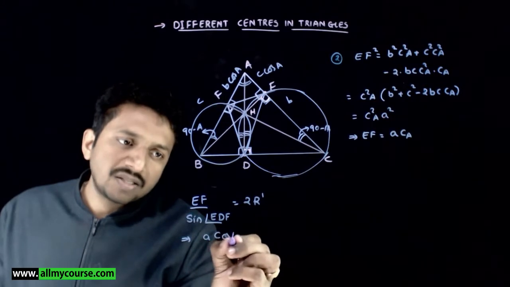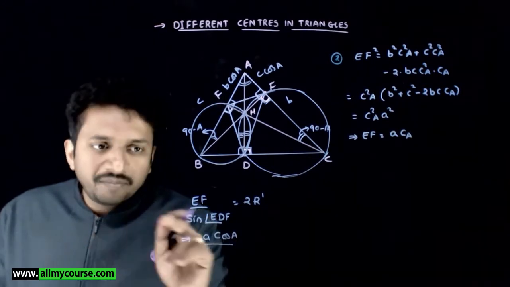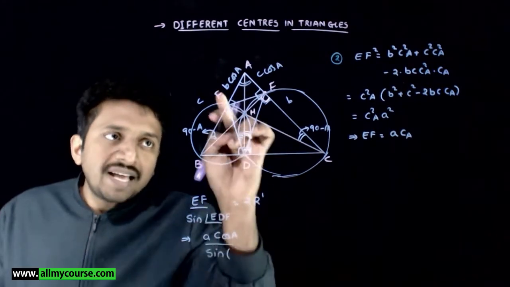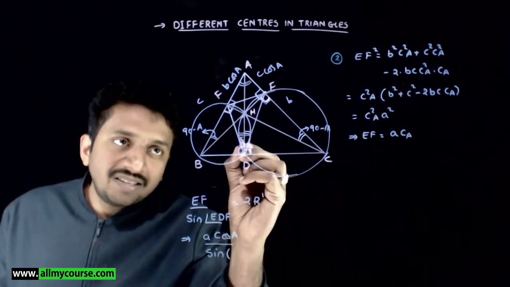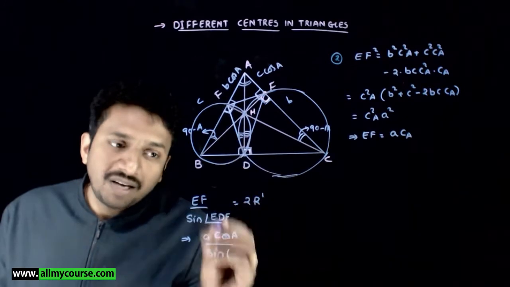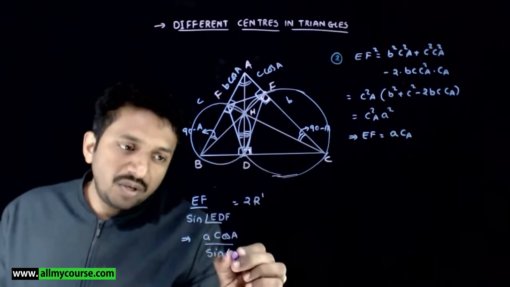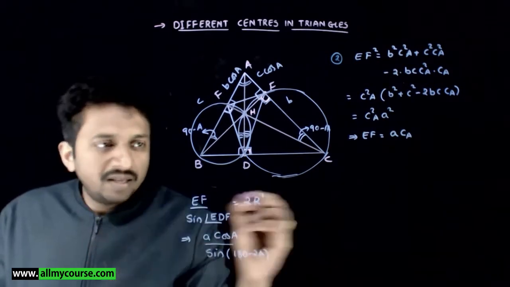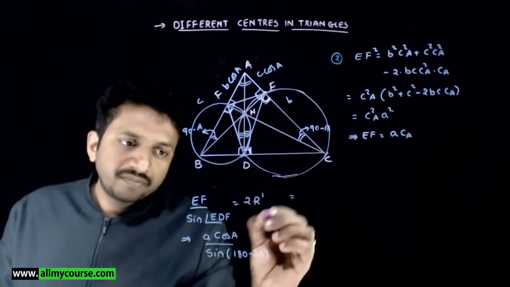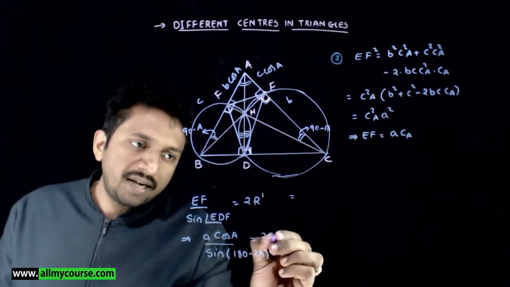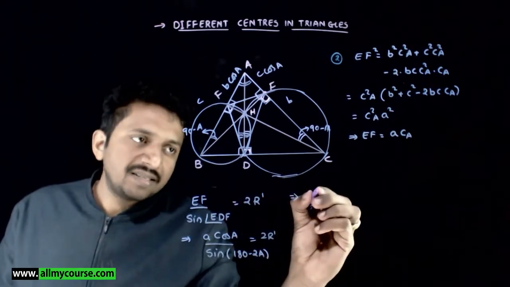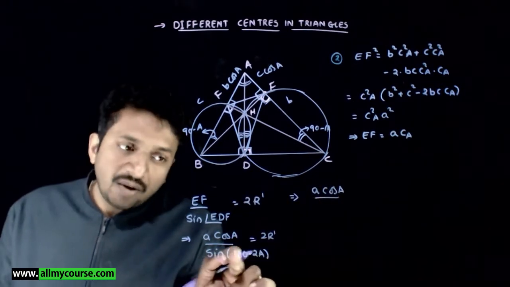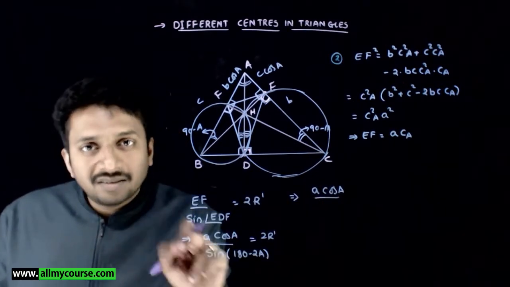This implies, what is EF? a cos A by sine of angle EDF. We have already seen that this is 90 minus A, this is also 90 minus A. So the sum of these two is 180 minus 2A. That is equal to 2R dash. This implies a cos A divided by sine of 180 minus 2A, which is again sine 2A.